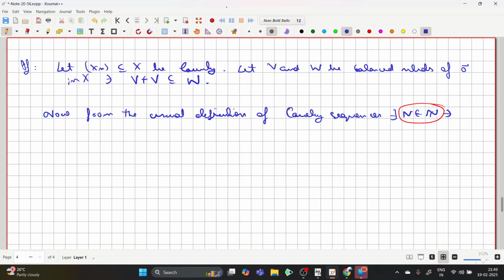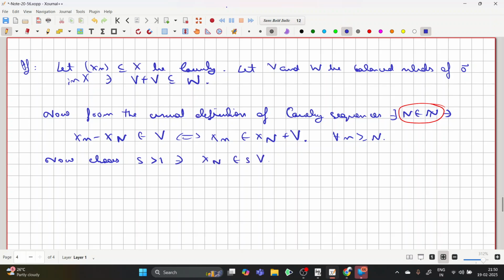So from the usual definition of Cauchy sequences, there exists some index N such that x_n minus x_N is contained in V, which I can equivalently write like this. Fine, right? And this happens for all n greater than or equal to N. Now choose a scalar s greater than 1 such that x_N is in sV.